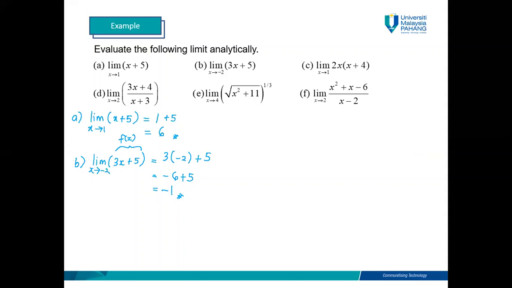Alright, so next for C. Limit of 2x times x plus 4, when x approaches 1. Okay, ini sebenarnya dia adalah product. Dia adalah product rule.